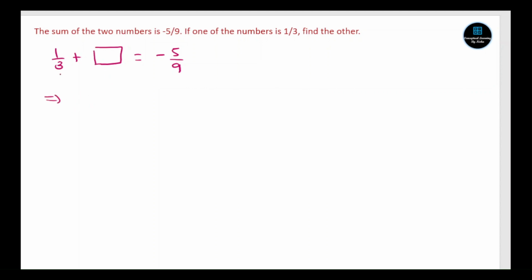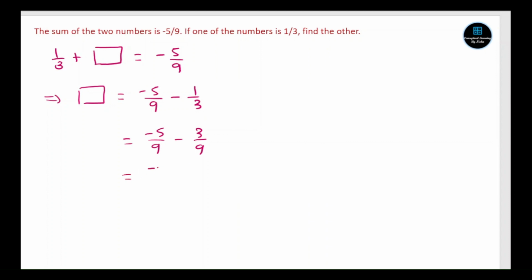Yes, we have to subtract 1 over 3 from negative 5 over 9. So we'll get this number. This number equals negative 5 over 9, subtract 1/3 from it. And now if you take the LCM, what do we get? 9 is the LCM. So minus 5 over 9 minus 3 over 9.